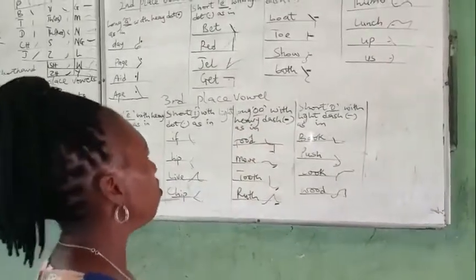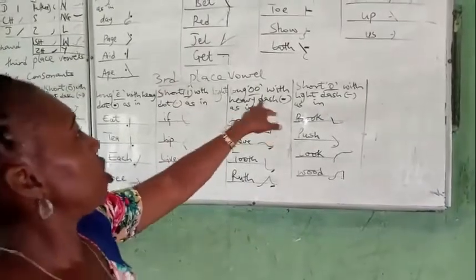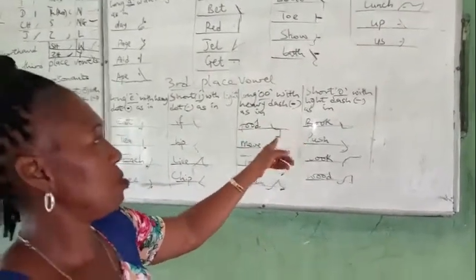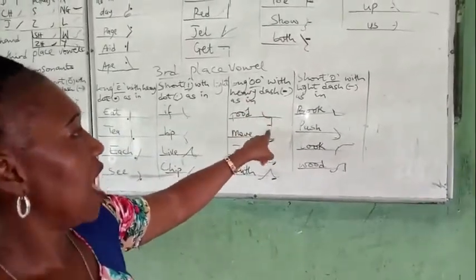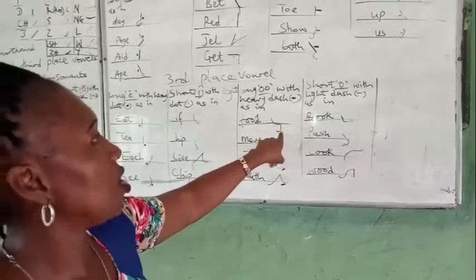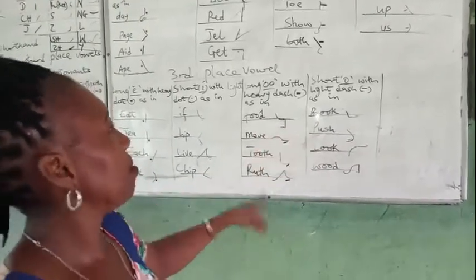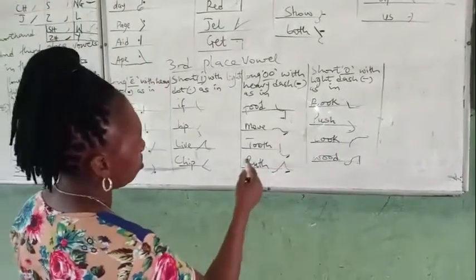Then we have long oo, which uses a heavy dash, as in food. Heavy dash. It was written through the line, and the heavy dash comes, that is the vocalization, before D. Then move, the same thing applicable.